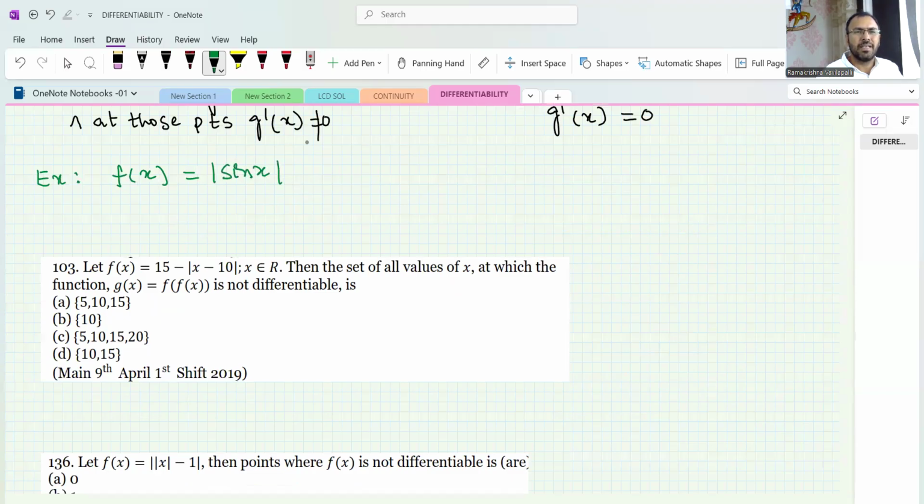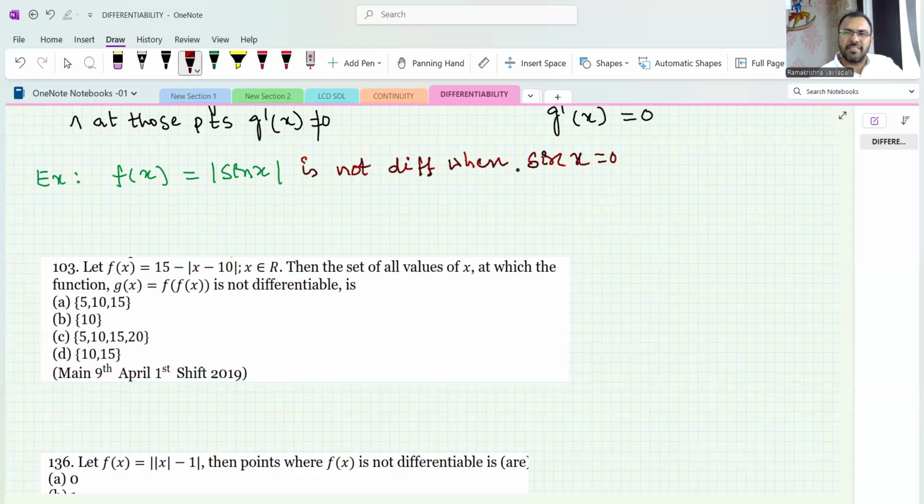It is not differentiable when sin x equal to 0, that is, when the inside of the modulus function is 0.